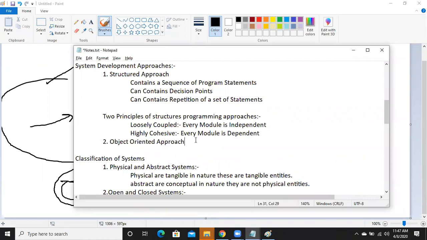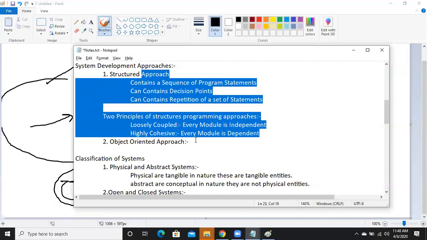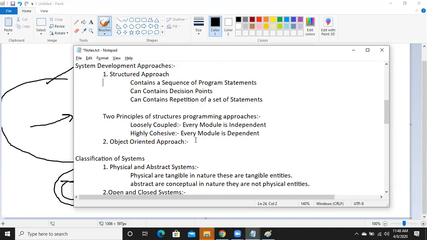The object-oriented approach says that each and every data item. Basically, the structured approach's main motive is to make the program code very simple. Its principle does not focus on the data.